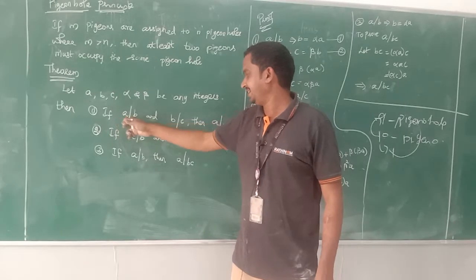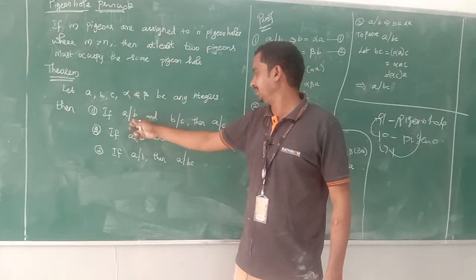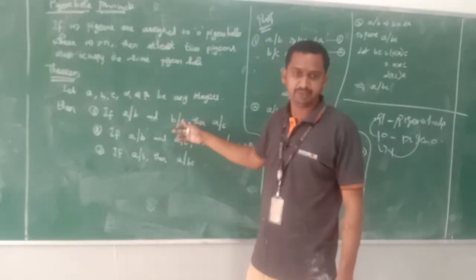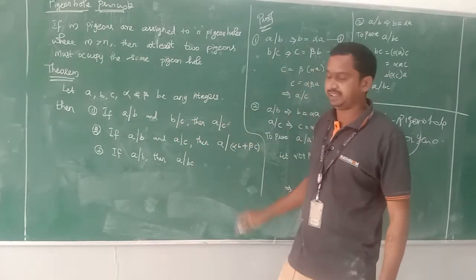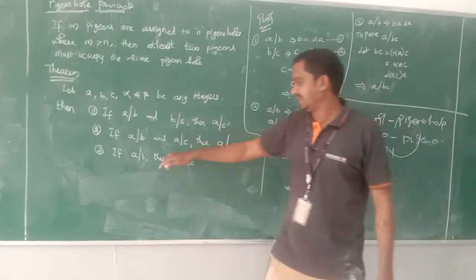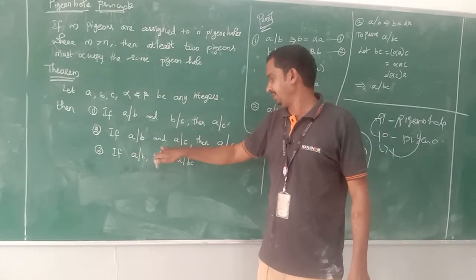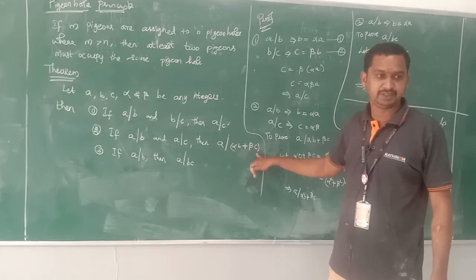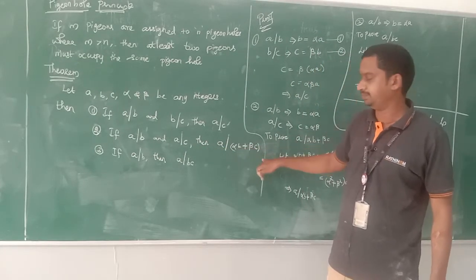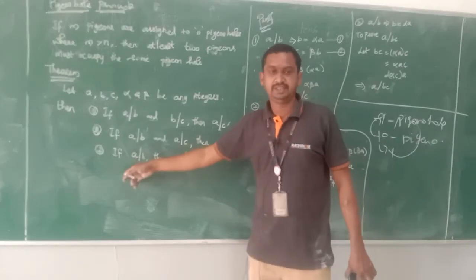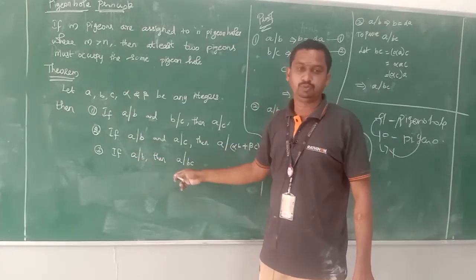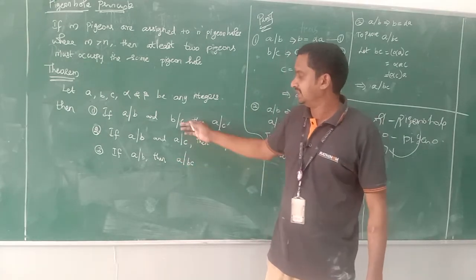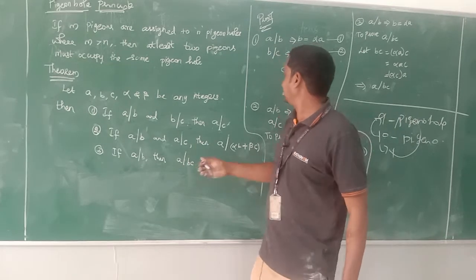If a divides b and b divides c, these two are the given conditions, then you have to prove a divides c. Another part: if a divides b and a divides c, then you have to prove a divides alpha b plus beta c. Now the third condition: if a divides b, then you have to prove a divides bc. These three proofs are very simple.